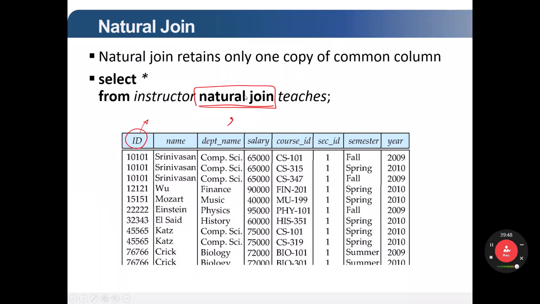But when you use natural join, the common attribute will be included only once in the output table. That's the only difference. And when you use natural join, the query becomes simpler, and it looks more intuitive and easier to interpret.